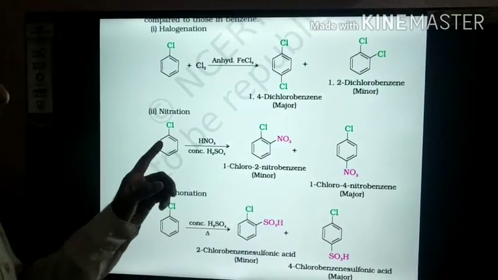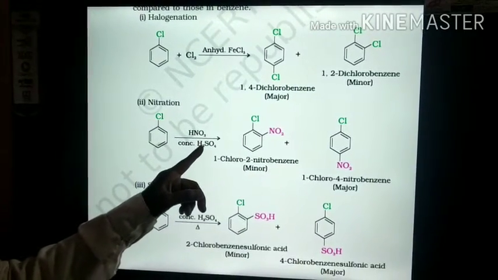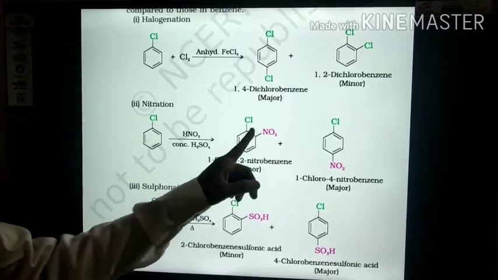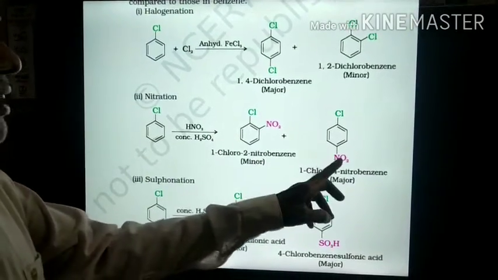Again in nitration, with the nitrating mixture of nitric acid and sulfuric acid, the nitro group will be added at the ortho and para positions.